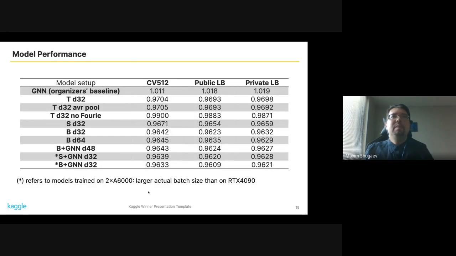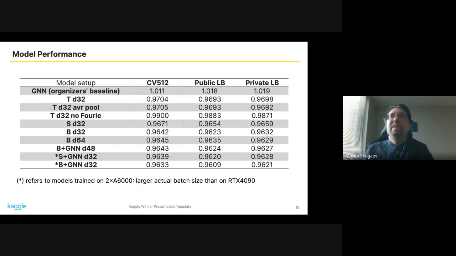This table summarizes our finalized experiments. Use of a transformer instead of the graph neural net gives a 300 basis point improvement over the baseline.